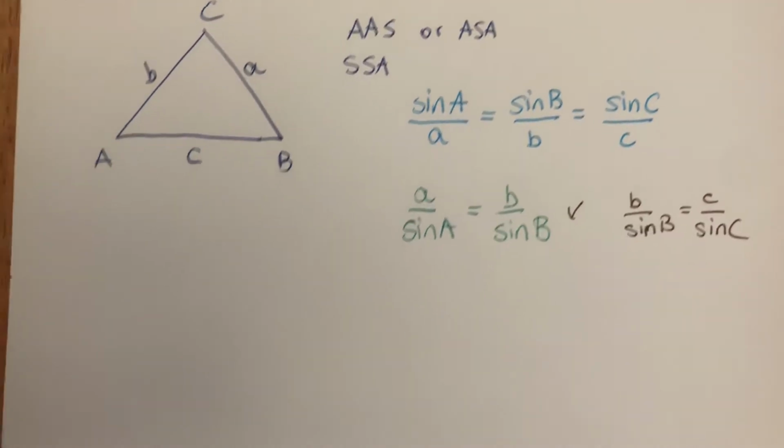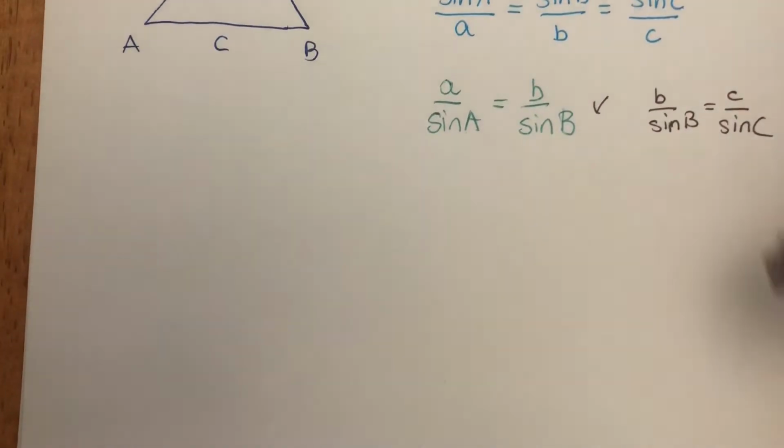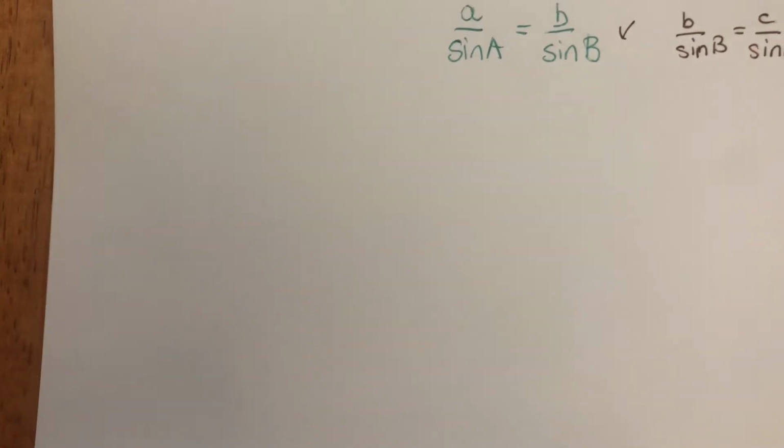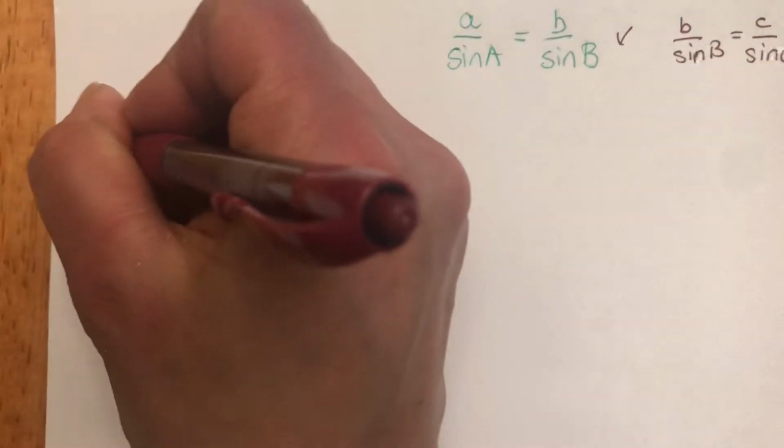All right, let's take a look at a quick example. I'm using your textbook, so you can go back there and take a look at how the textbook explains this. I'll give you a page in a second. But here's example number 1.